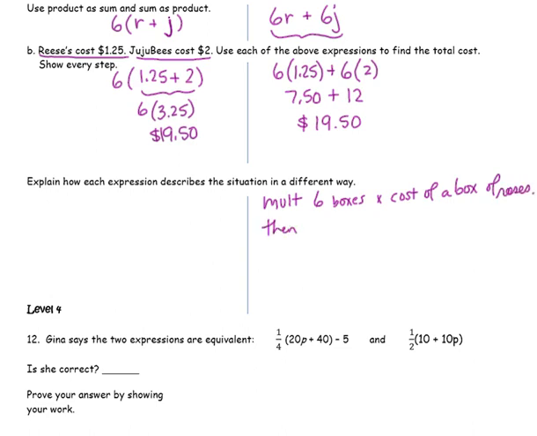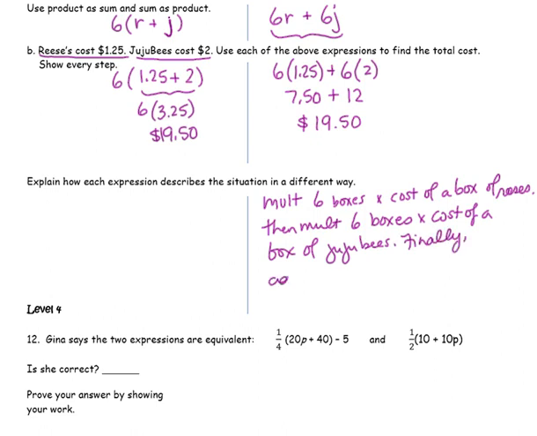Then multiply 6 boxes times the cost of a box of Jujubes. Finally, add the subtotals to find the total cost.